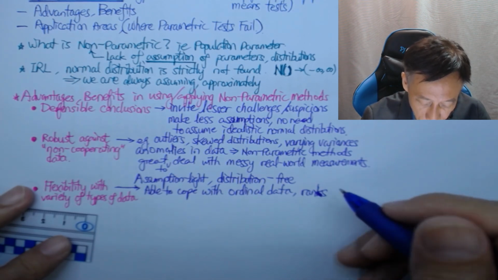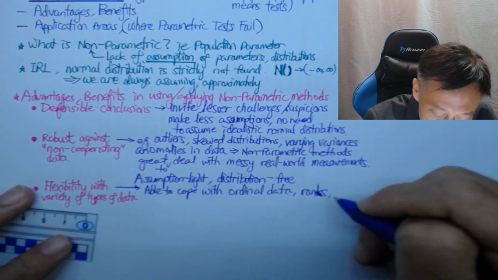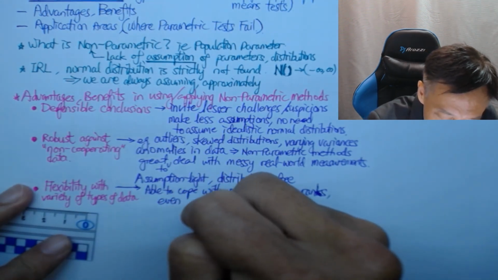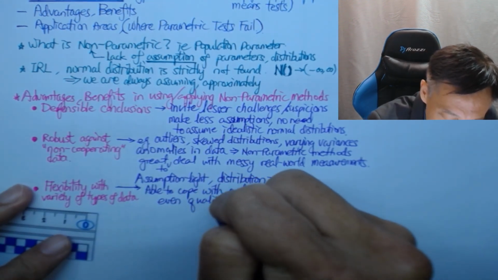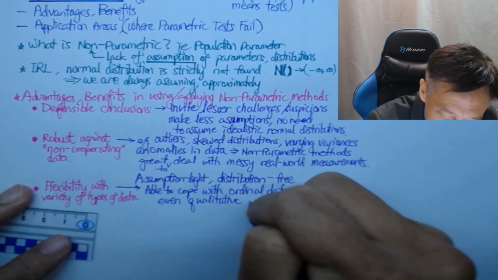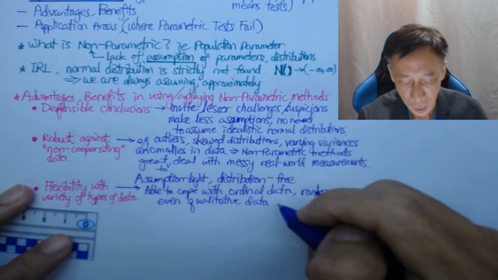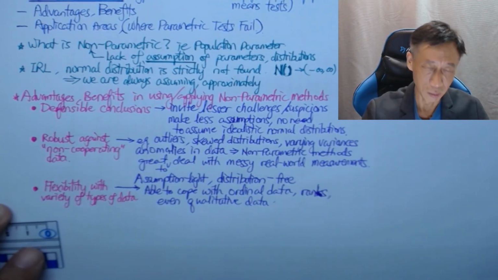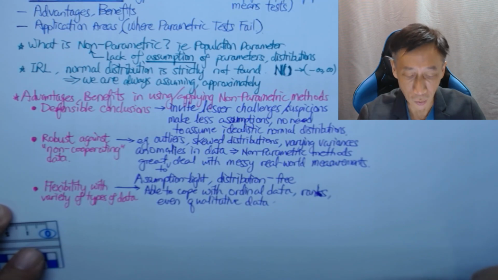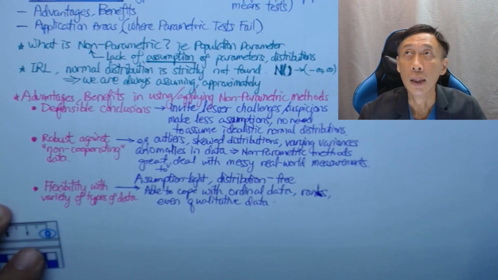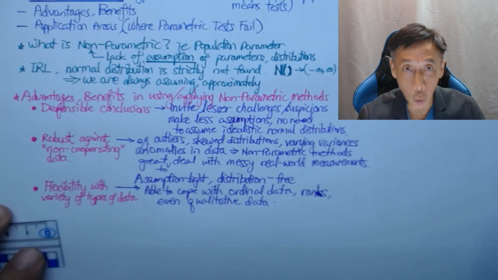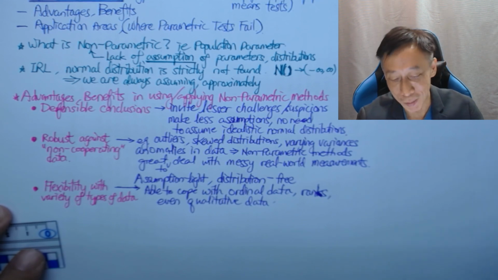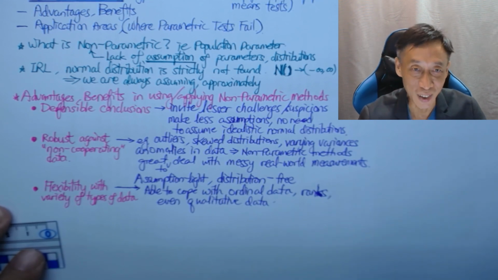You can have even qualitative data. For example, the number of passengers buying tickets for economy class, business class, and first class, right? So we know first class is more first than business class, and business class is more first than economy class.